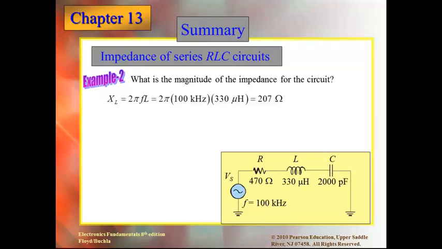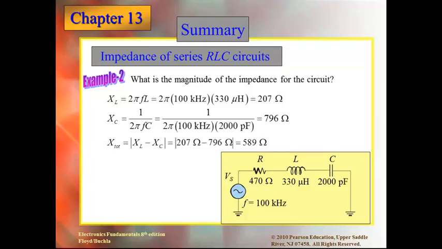So now we have to figure our X sub L and our X sub C. There again, much greater X sub C than X sub L. So subtract the two, we get 589 ohms of X. Pythagorean theorem for impedance. Using our impedance triangle, we get 753 ohms of total opposition to current flow.